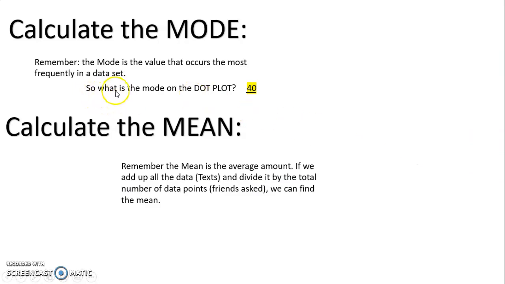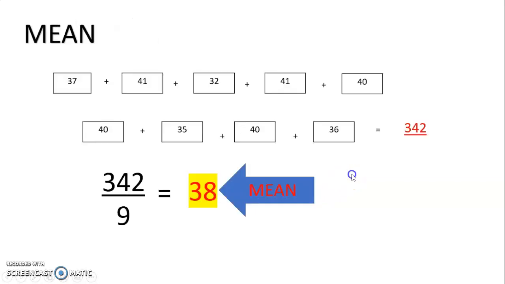So let's go back. What is the mode on the dot plot? 40, because it had 3 persons that texted 40 times in 1 week. Now we need to calculate the mean. Remember, the mean is the average amount. If we add up all the data, that means the texts, and divide it by the total number of points, which is friends asked, we can find the mean.